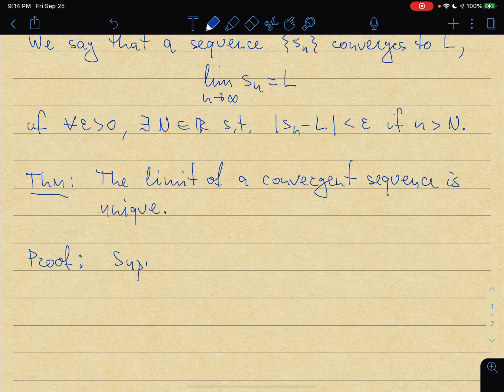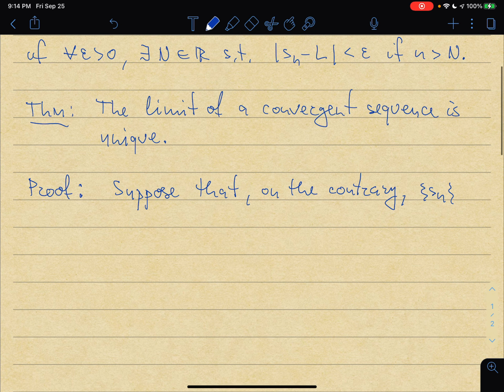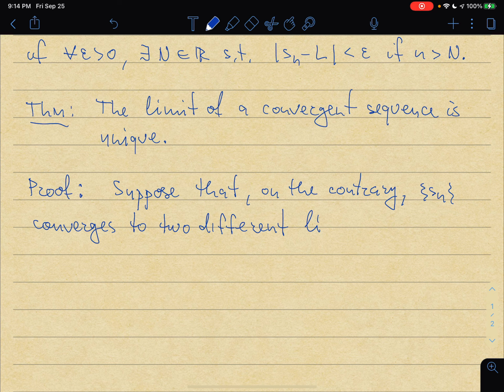So suppose, on the contrary, that the sequence Sn converges to two different limits. And I'm going to label them L1 and L2.